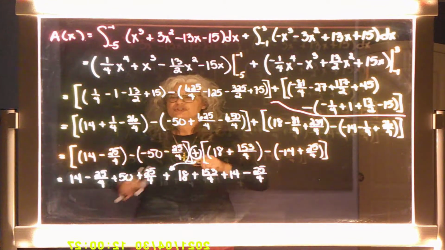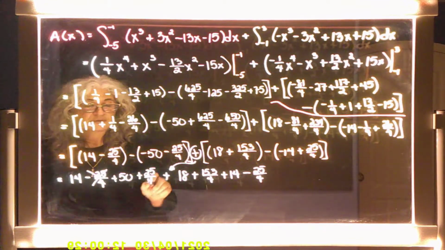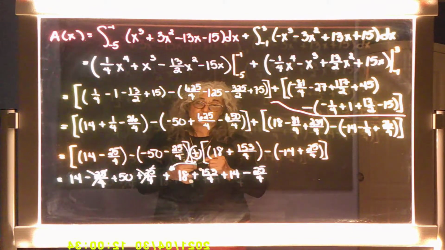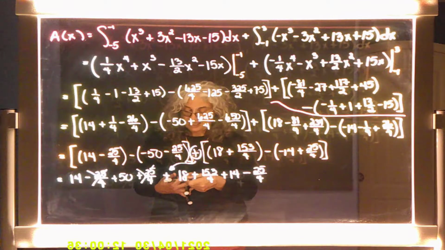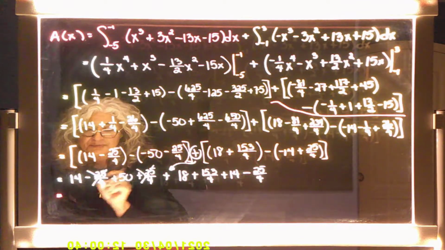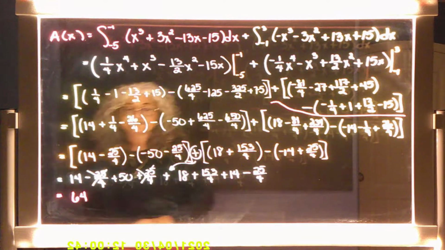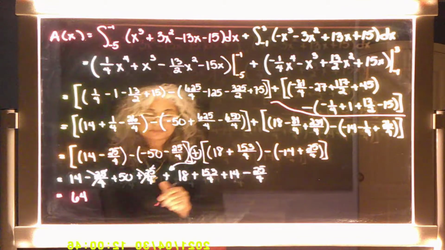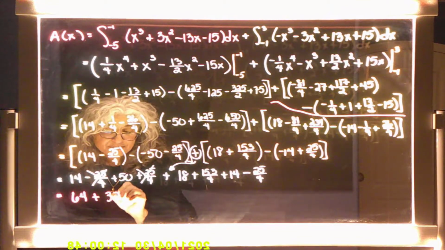Okay. So right away we see this negative 25 over 4 and this positive 25 over 4 cancel, don't we? And I'm noticing 14 plus 50. Well, there's 64, so yay for that. Plus 18 plus 14, so that looks like plus 32.